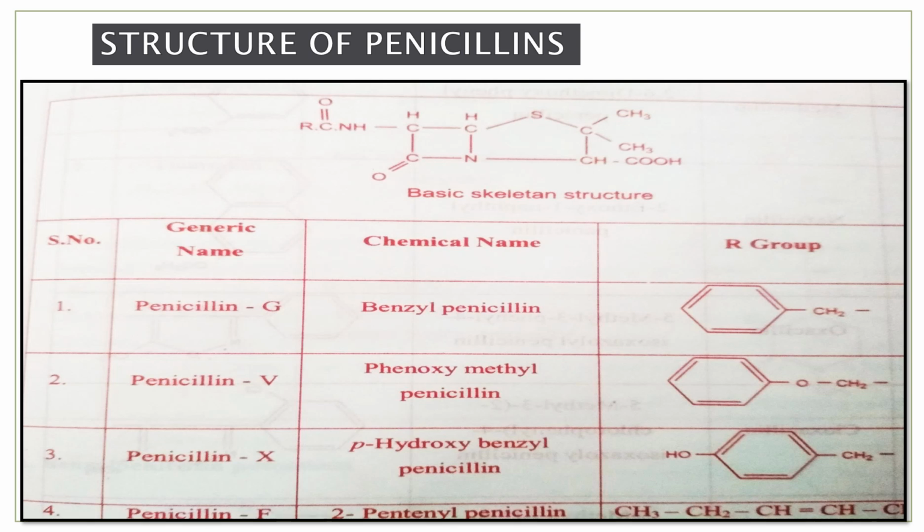So 5 carbon atoms will be there: CH3, CH2, CH double bond CH, CH2. In 2-pentenyl penicillin, the unsaturation is present at the second carbon. So 2-pentenyl penicillin is the R group present in penicillin F.